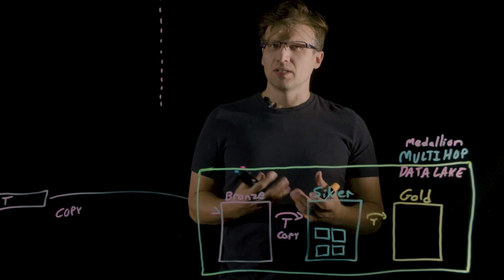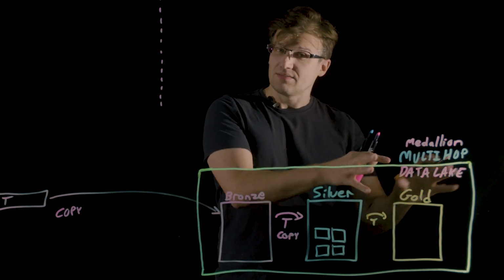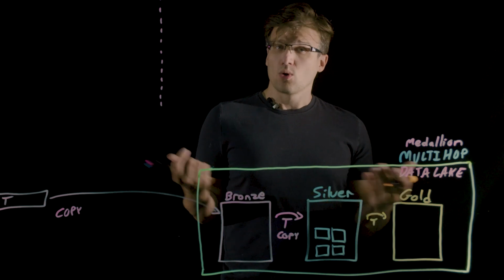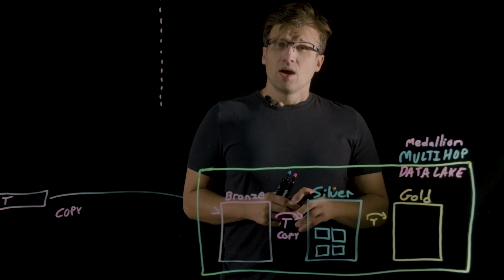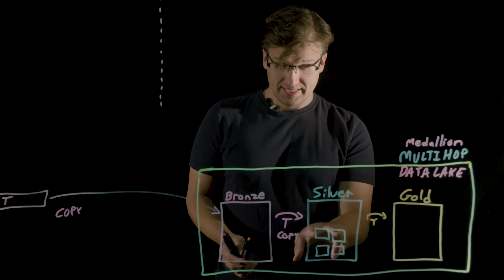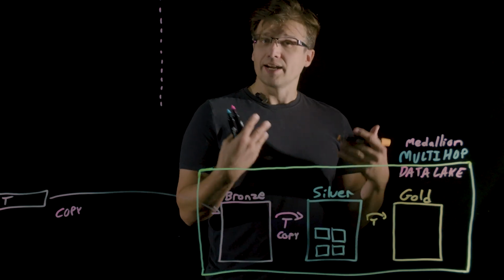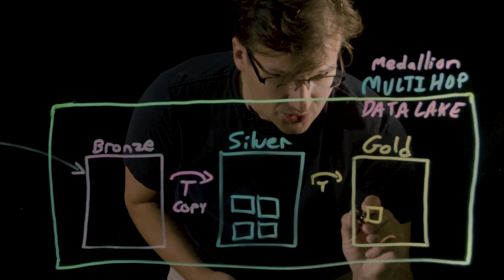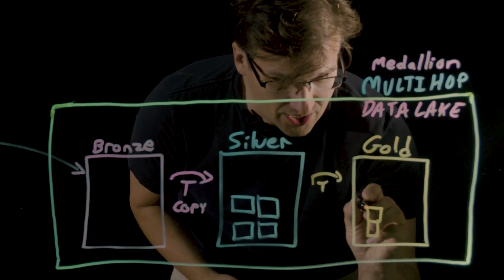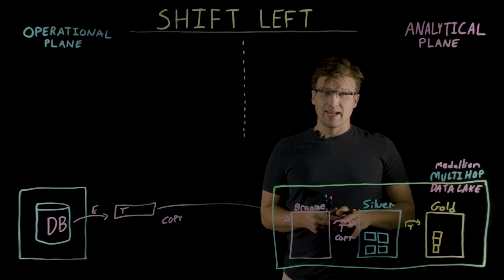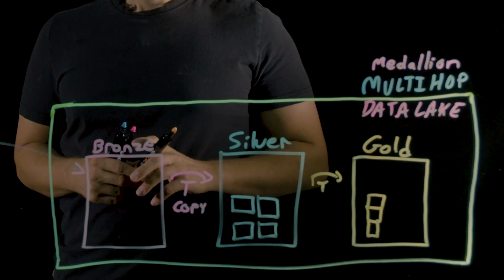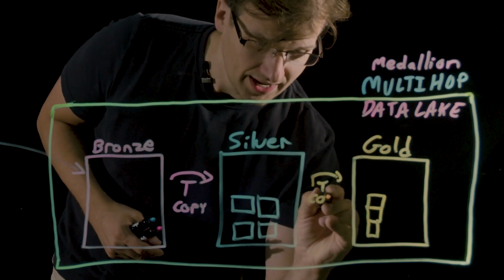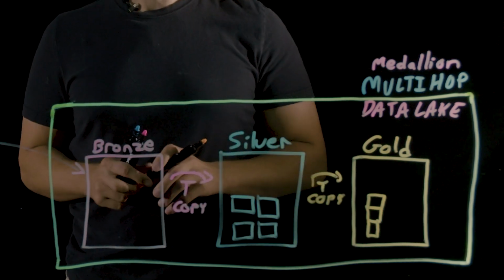These are purpose-built to provide data for specific applications or use cases, projects, reports, or even for data export. Where the silver layer provides these building blocks, the gold layer provides the building, where you take that data, you cement it together with some additional logic, and you create a data set for a specific use case. It's also the third hop in our multi-hop architecture and the third copy of data.